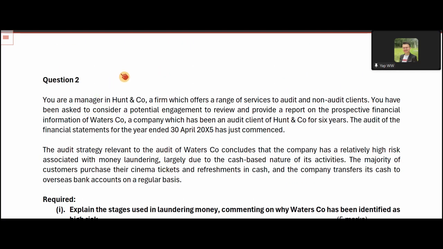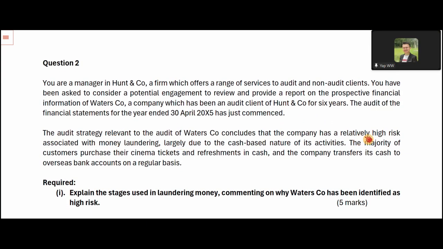Again, you are the manager in Hunt & Co, a firm which offers a range of services to audit and non-audit clients. You have been asked to consider a potential engagement. They have been your audit client for 6 years. The audit strategy says the company has a relatively high risk with money laundering. Number one, their business will collect cash. Yeah, it's a cash-based nature of its activities.